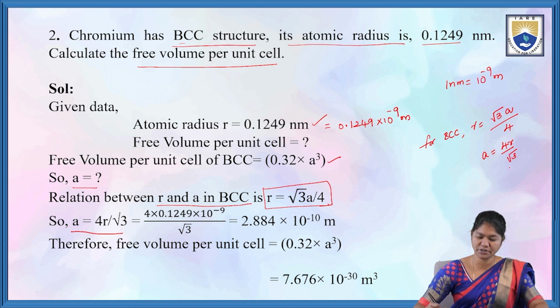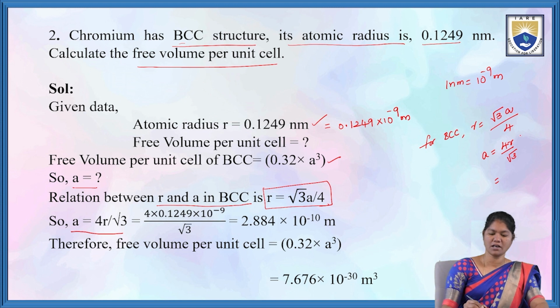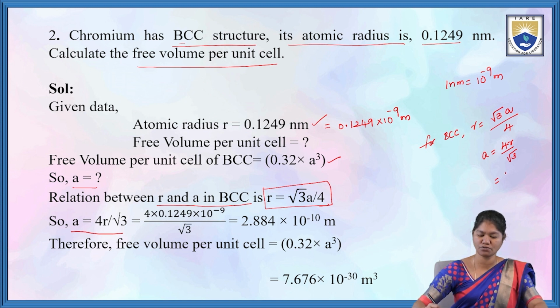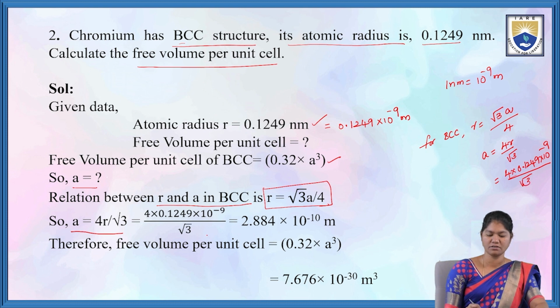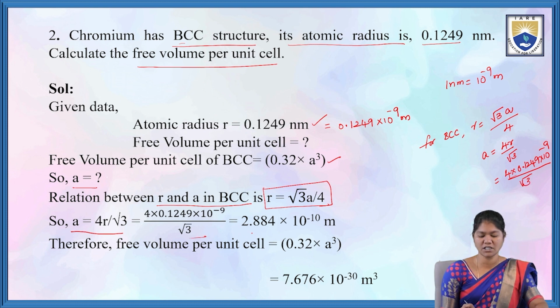So substituting the value of R, which is given in the problem, 4 into 0.1249 into 10 power minus 9 divided by root 3, it is equal to 2.884 into 10 power minus 10 meters.